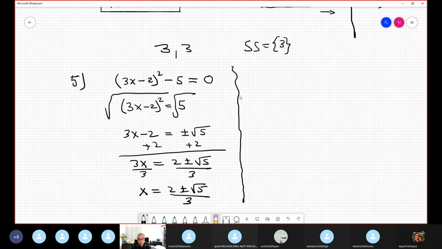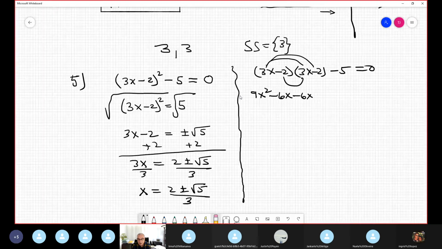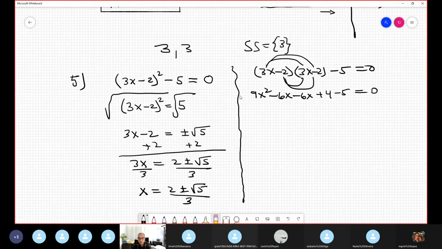Another possibility is you FOIL this. Okay, let's do it. (3x minus 2) times (3x minus 2) minus 5 equal to 0. 9x squared minus 6x, minus 6x again, plus 4 minus 5 equal to 0. We combine later: 9x squared minus 12x minus 1 equal to 0. Perfect. So I discovered that A is 9, B is negative 12, and C is negative 1.